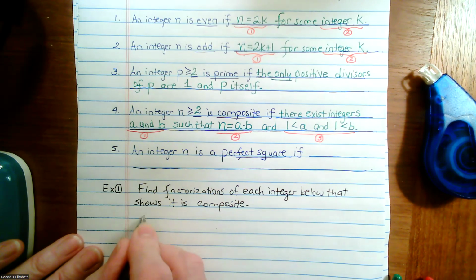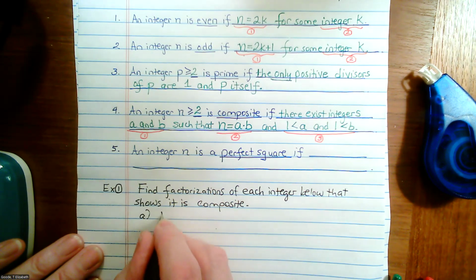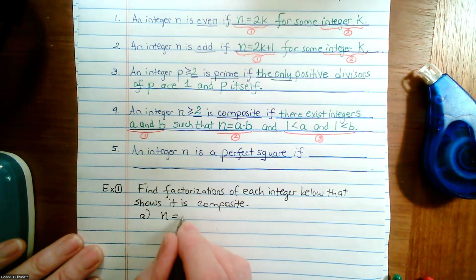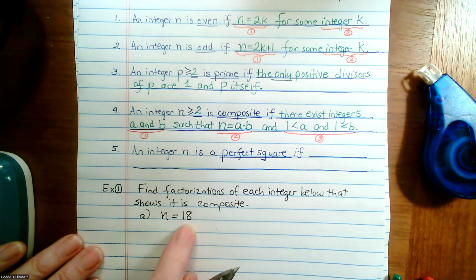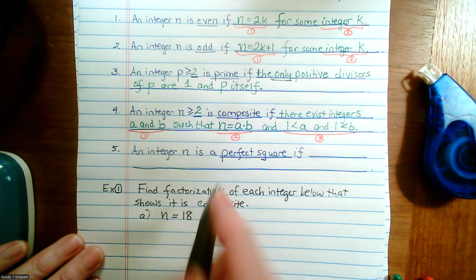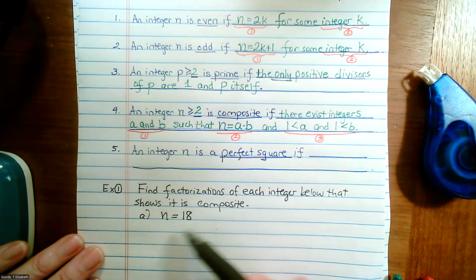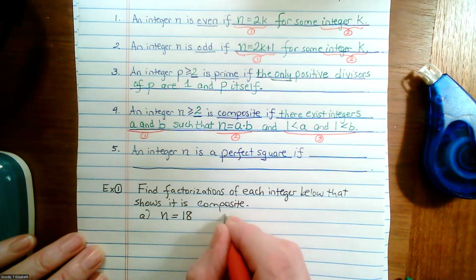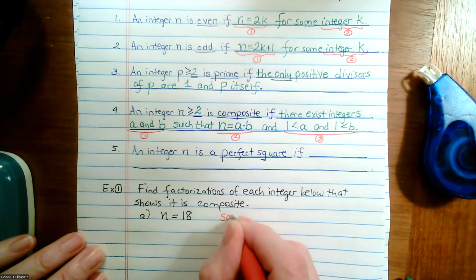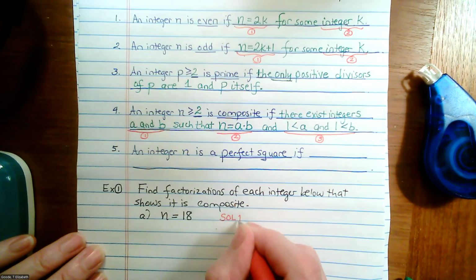Okay, so for example, if n is 18, now we know we can factor 18 into 1 times 18, but that doesn't help us realize that 18 has what we call non-trivial divisors or factors.